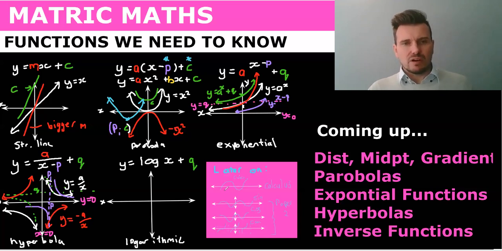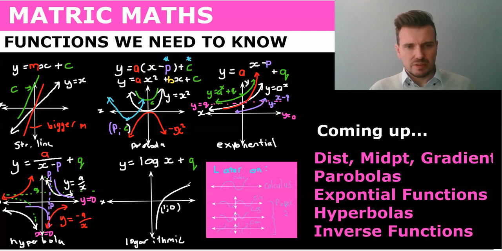Okay, now a log graph is just the inverse of an exponential graph. So a log graph, y equals log, is going to look like this. Okay, so instead of the points being 1 and 0 and 1, it just becomes 1 and 0. Okay, and q, of course, is going to just shift it upwards by q.